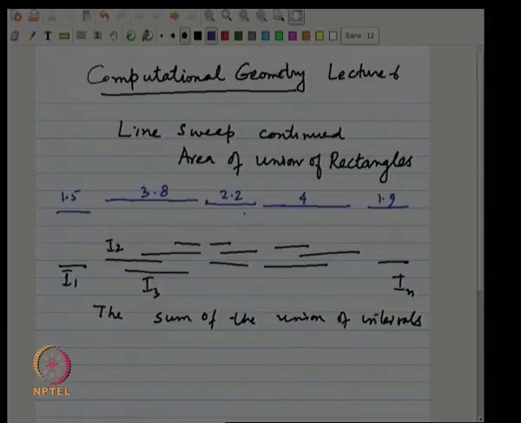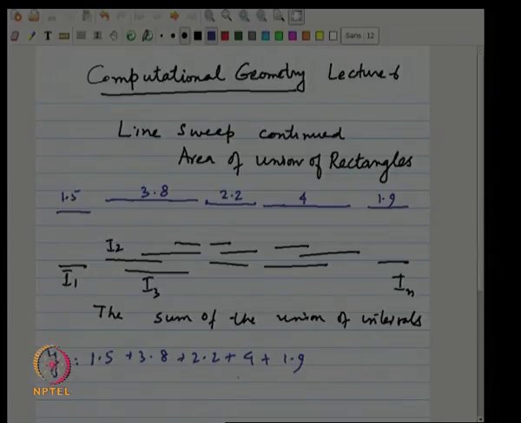Fine. So, once we know this, and this is essentially our y, this 1.5 plus 3.8 plus 2.2 plus 4 plus 1.9 is what y is equal to. Right.